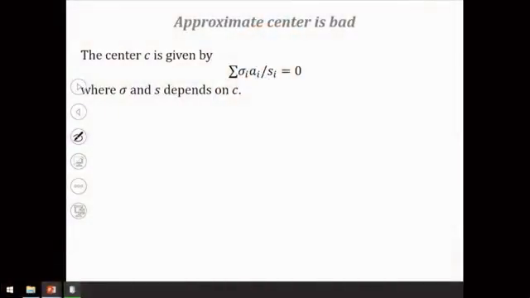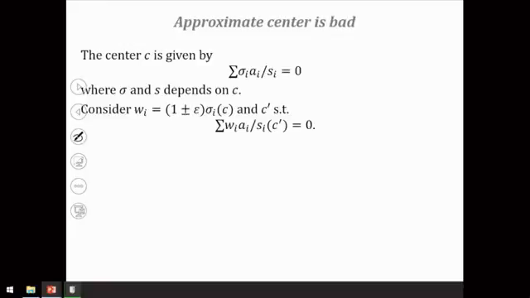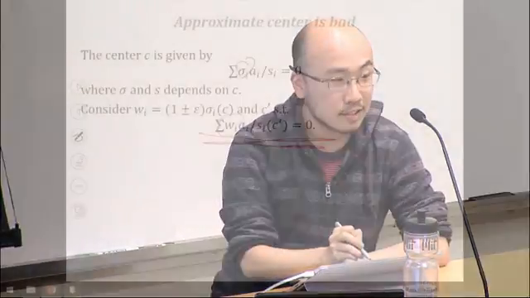But there is one problem. The approximate center is really bad. Again, this is the original definition of center. And suppose someone already gives you a center, and then you try to use the previous slide, those dimension reduction techniques, to approximate the sigma I. We call it W_i, and you try to compute what this one is.